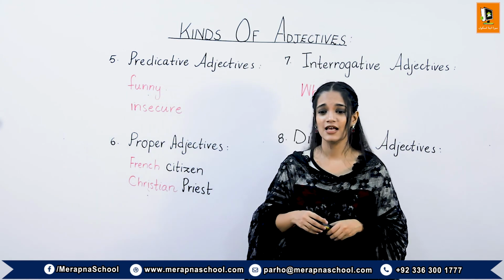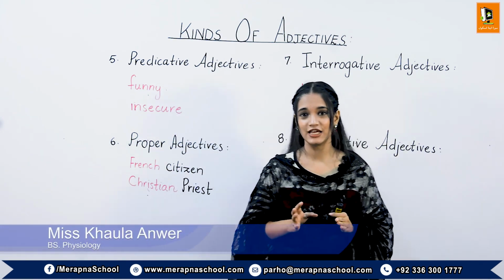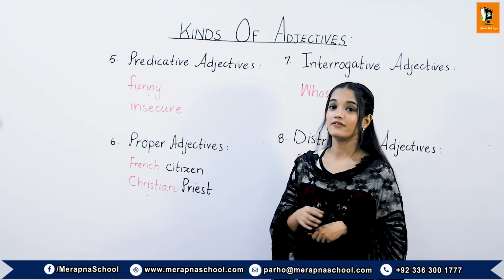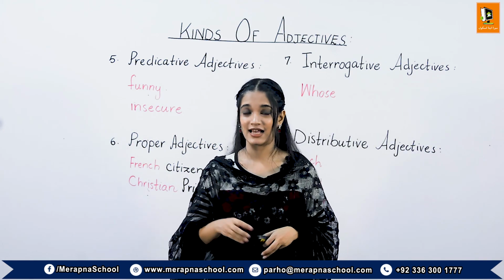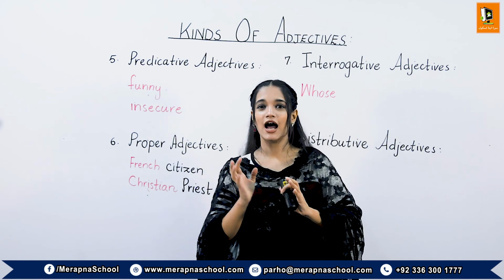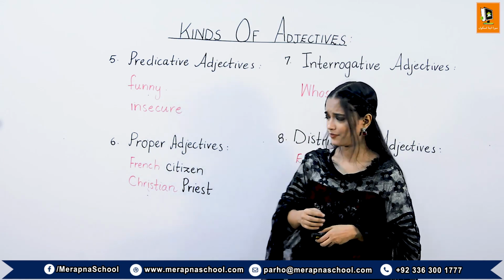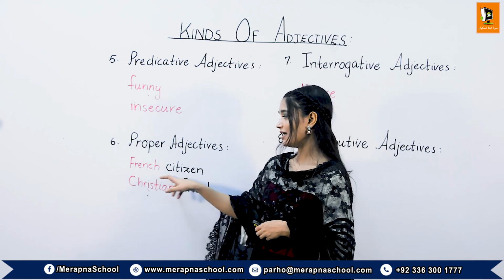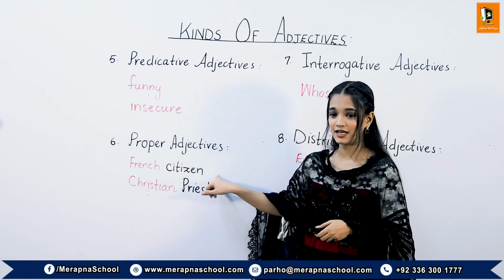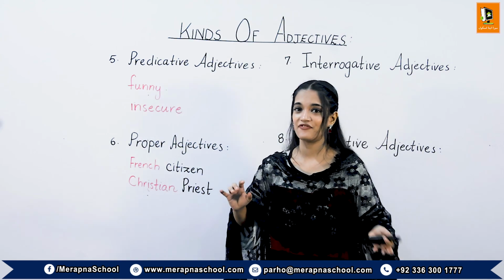They describe nationality, regional affiliation or culture, and they are always capitalized in the sentence, whether they come at the start, in the center, or at the end of the sentence. For example, a French citizen or a Christian priest. French citizen describes the nationality. A Christian priest describes the religious affiliation.